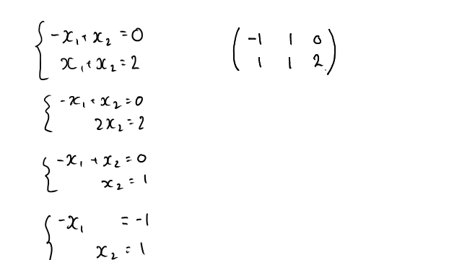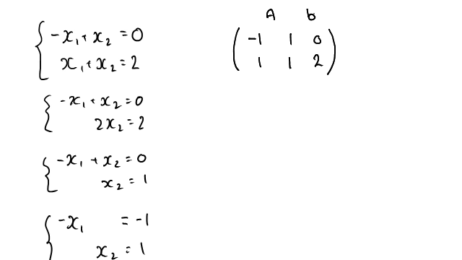This matrix is called the augmented matrix of the system, and it contains all the information in the system. Basically, it has A followed by the B vector. Then, instead of solving the system, which I do on the left-hand side, I can work with this augmented matrix.